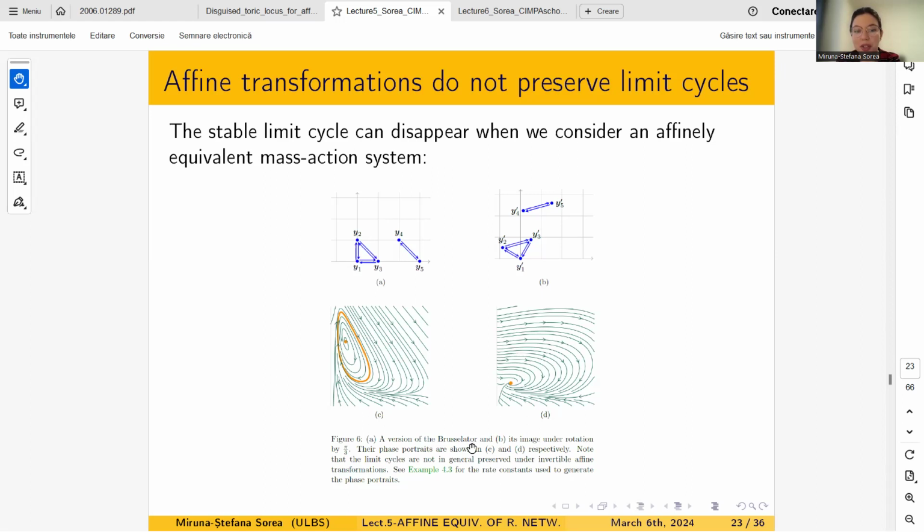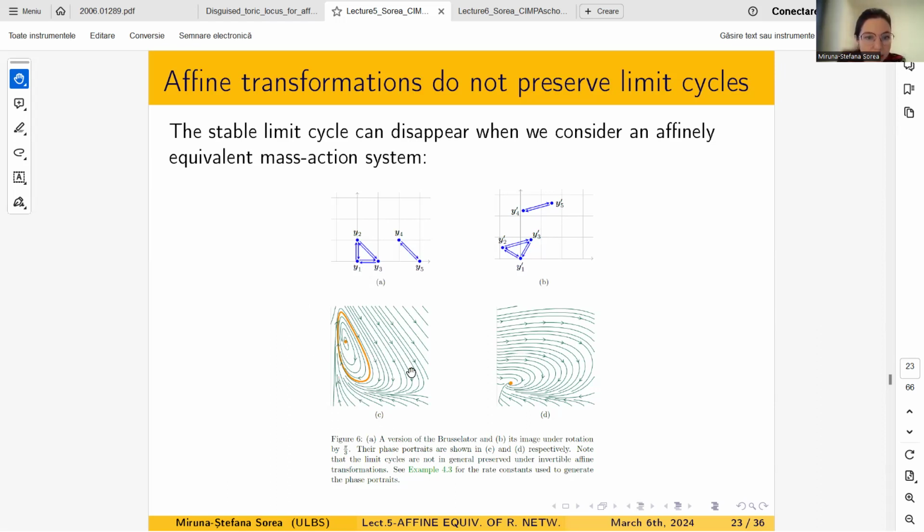Maybe you can read more about such networks in Feinberg's book, Chemical Reaction Network Theory, for instance. So there you see many such examples. You also saw last tutorial so many nice examples from Beatrice. Okay, so if you take this reaction, it has a limit cycle.